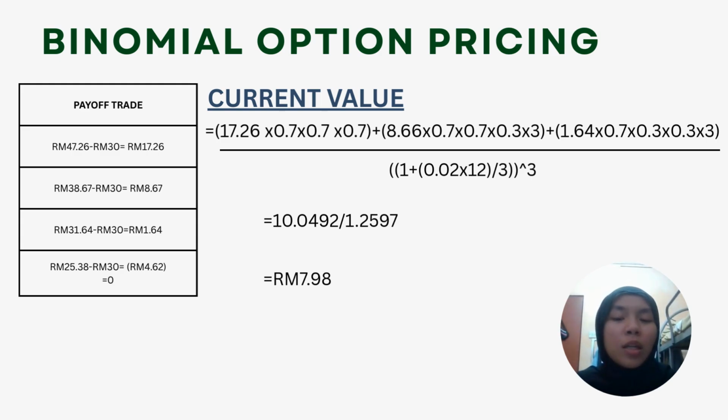Overall this will be divided by 1 plus 0.02, which is the risk-free rate, multiplied by 12 months, divided by 3, all to the power of 3. So the final answer will be 7 ringgit and 98 cents.